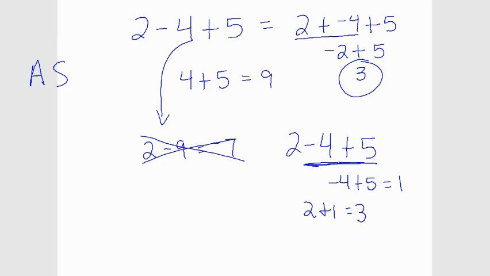We can see similar behavior in multiplication and division. 4 divided by 2 times 3. If I wanted to go through this multiplication first, I'd get 4 divided by 6, which is equal to 2/3.